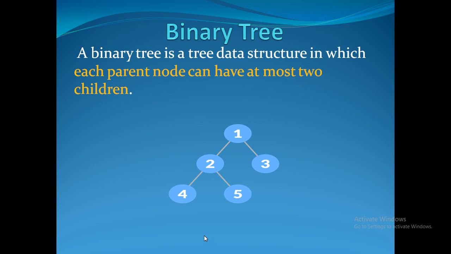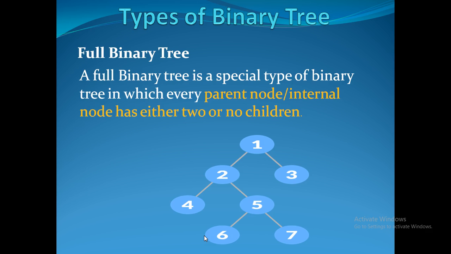So 1 is a node having 2 children, 2 and 3. 2 is a node having 2 children, 4 and 5. Likewise, the types of binary tree. First, the full binary tree. A full binary tree is a special type of binary tree in which every parent or internal node has either 2 or no children.